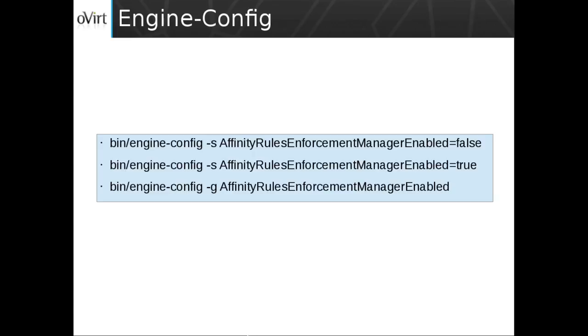So first of all, you got a tool called engine-config in oVirt engine, and if you want to enable AREM, you do engine-config -s AffinityRulesEnforcementManagerEnabled=true, and if you want to disable it, you do the same with false in the end. And if you want to check if it's enabled or not, then you use -g. So that's the difference.